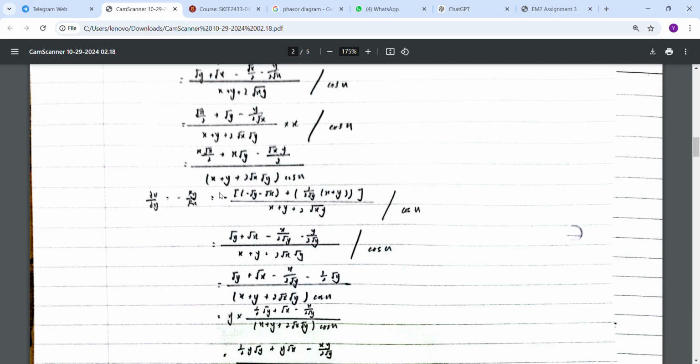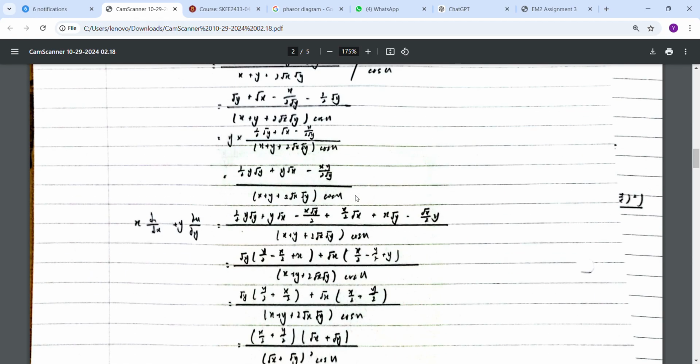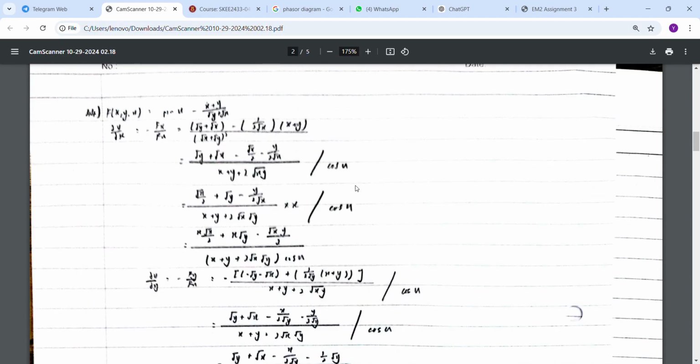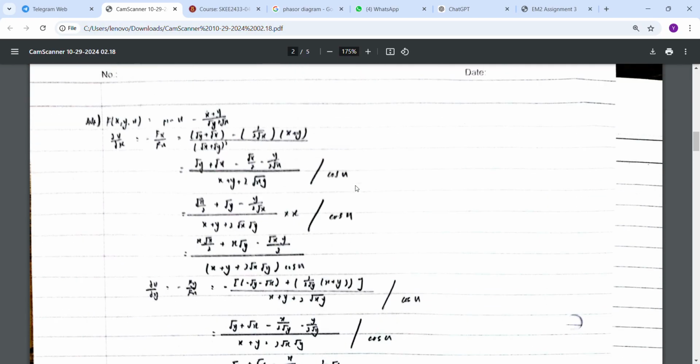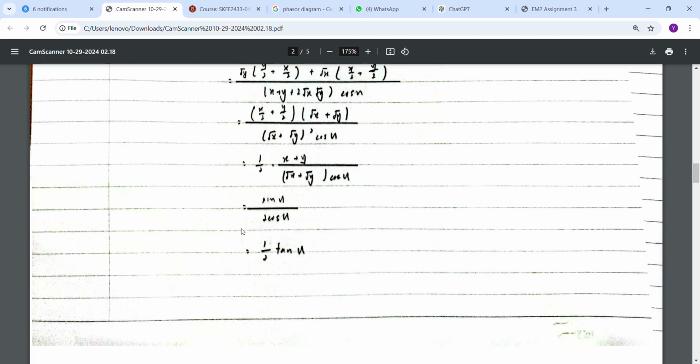Now we can insert the values inside, and then find the final answer. After we find delta u over delta x and also delta u over delta y, we can insert them in this equation and find the final answer to prove it.